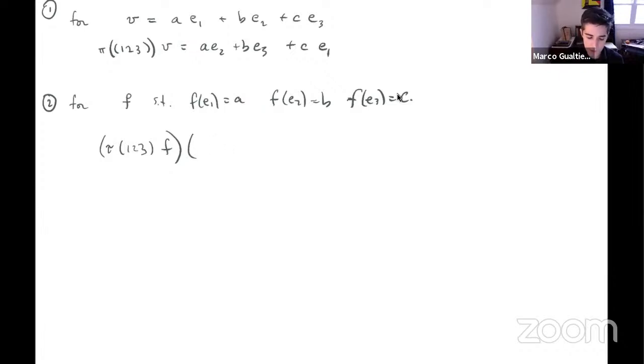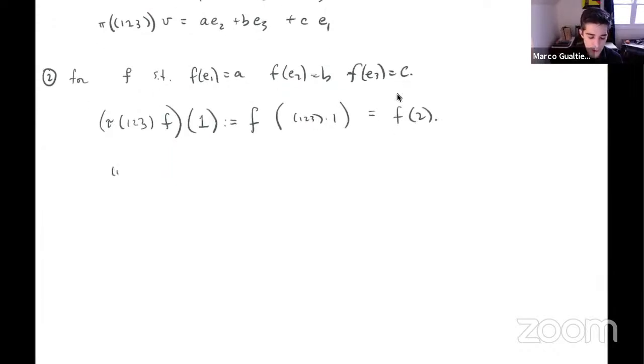The function is defined on the set 1, 2, 3, right? So the question is, what is the new function's value on the number 1? This will be, by definition, f where you let 1, 2, 3 act on the element 1. And that's going to give f of 2.